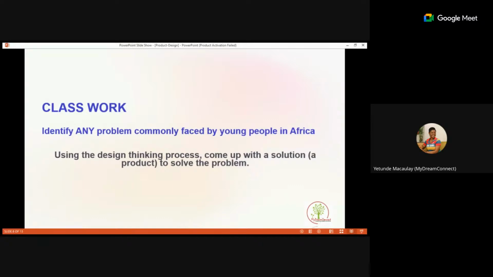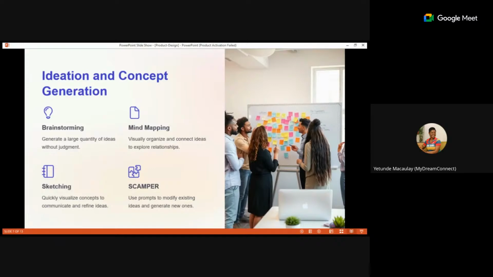Remember this part, brainstorming: you have to generate a large quantity of ideas without judgment. So when people are dropping their ideas, please do not judge them. Just listen. First thing I will expect you to do is have a team lead and then a scribe. The team lead will lead the conversation, and the scribe will be taking note of everything that you are all discussing.